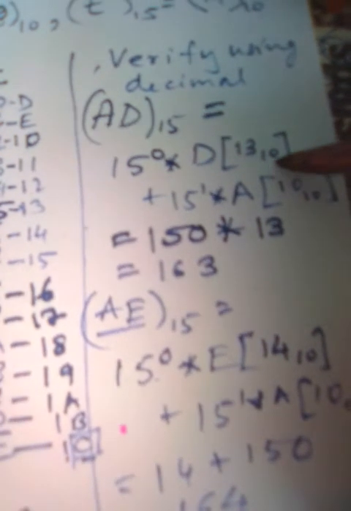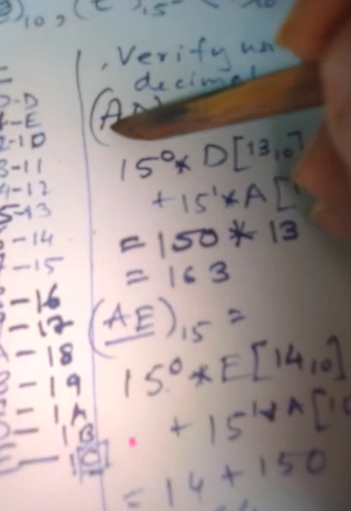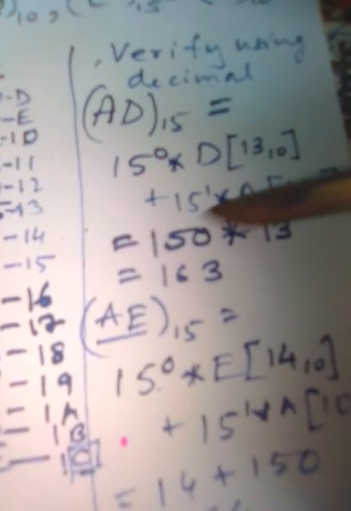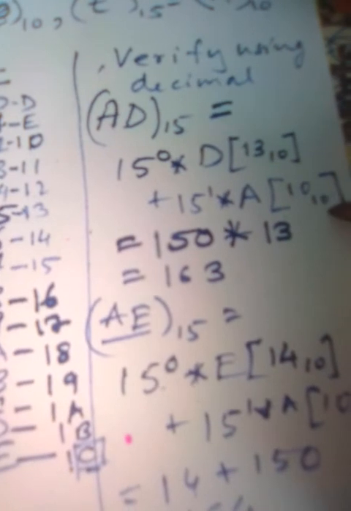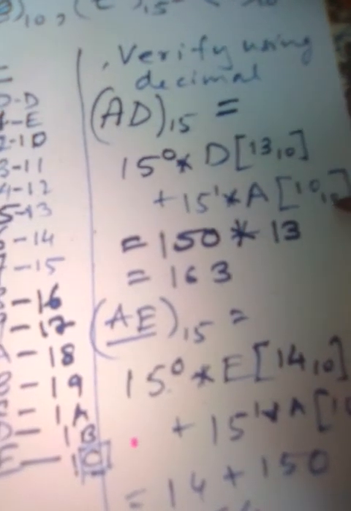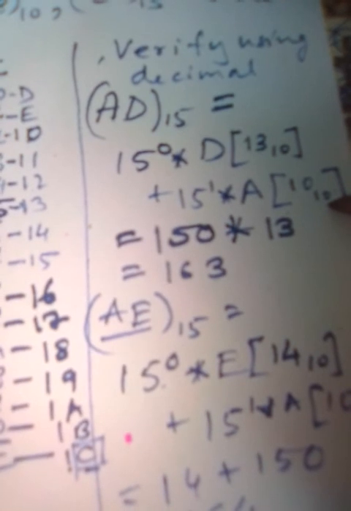So in this case we will have 15 to the power of 0 multiplied by D, which is actually 13 in decimal, plus 15 to the power of 1 multiplied by A, and A is nothing but 10 in decimal.